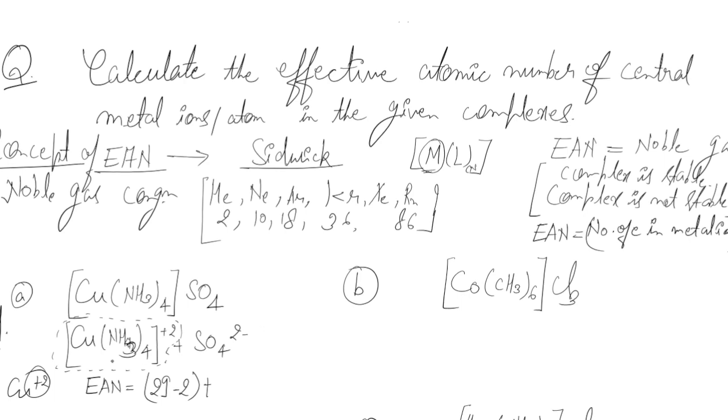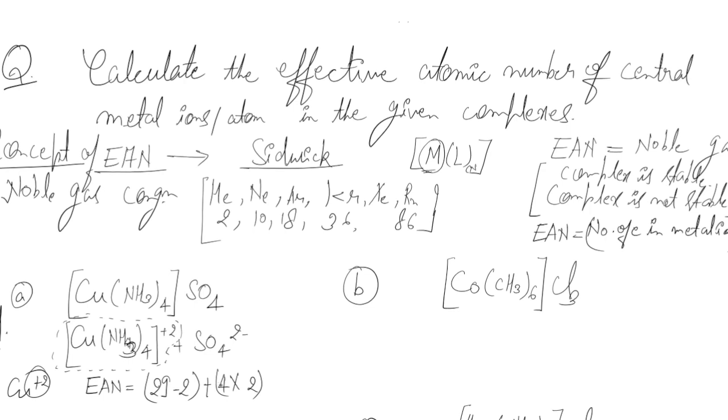One ammonia will give 2 electrons, so 4 into 2, the 4 ammonia ligands give 8 electrons.